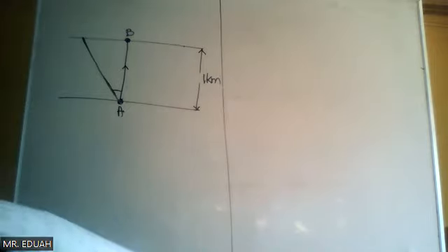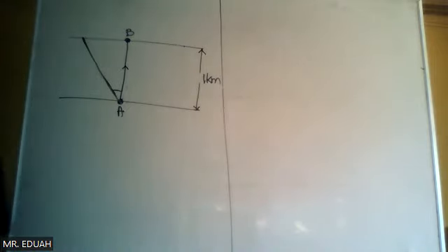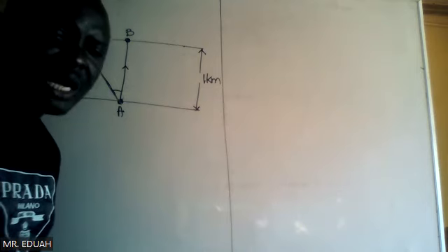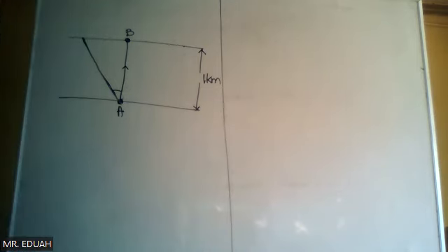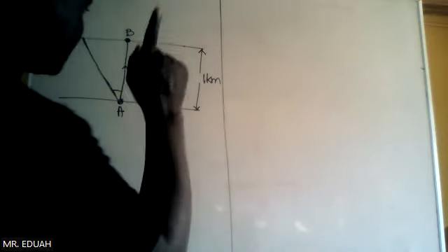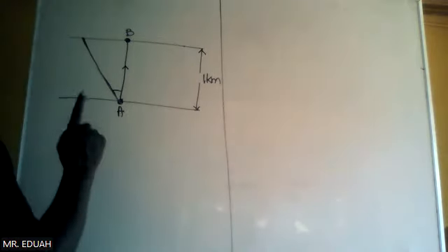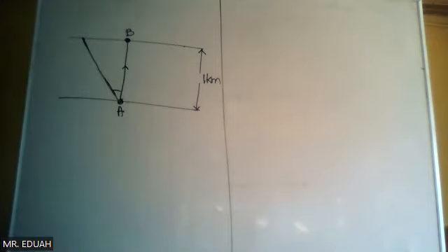But what is that angle of row? Which angle must he direct or position the boat at to bring him here? And that is what we are looking at.